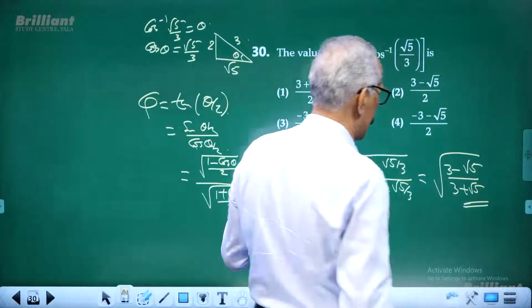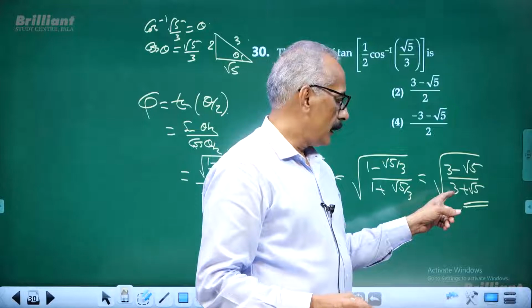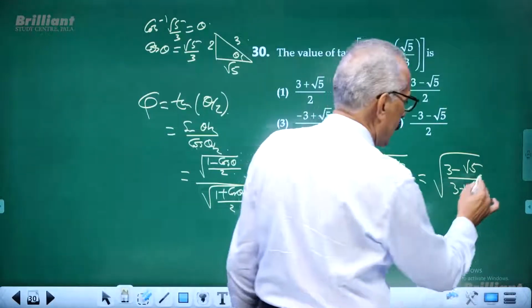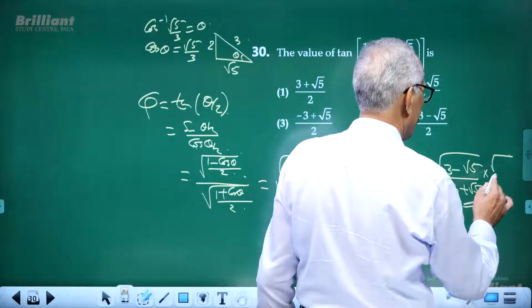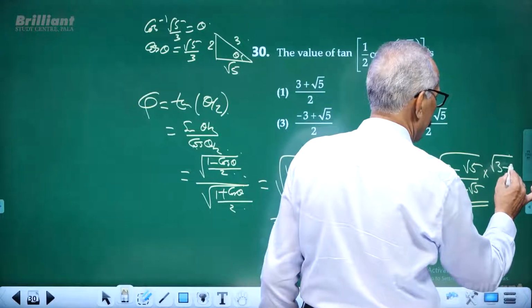Let us rationalize the denominator. How do we rationalize? We multiply and divide by 3 minus root 5.